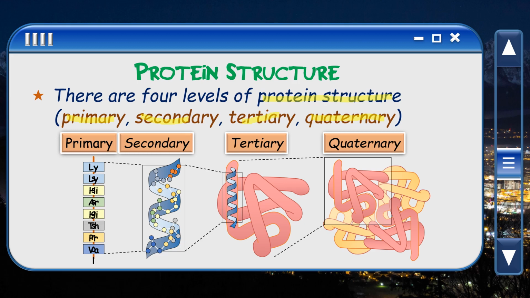As we have already seen, this one is a primary protein, this one is a secondary structure protein, this one is a tertiary structure, and the other one is the quaternary structure.